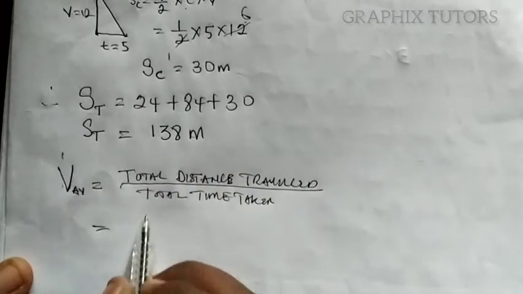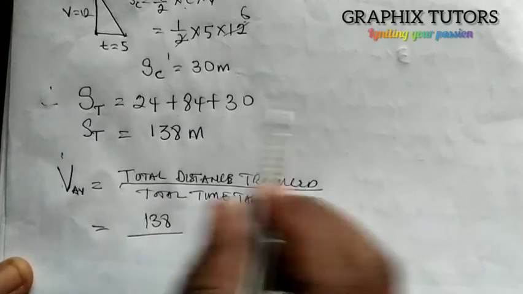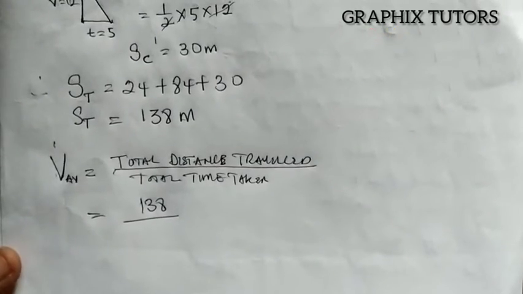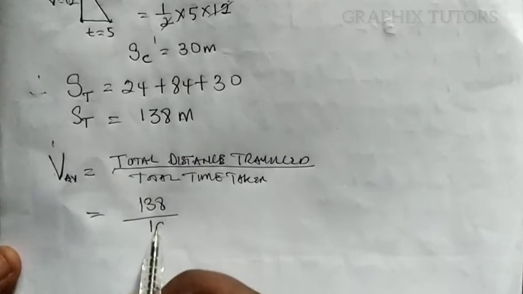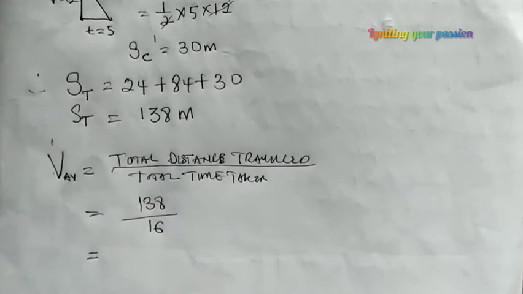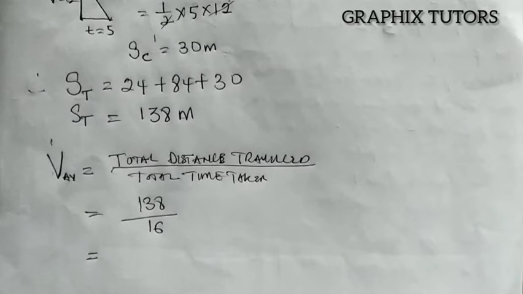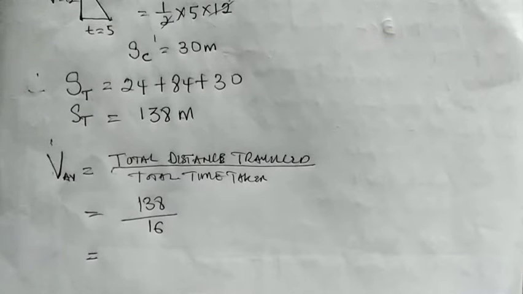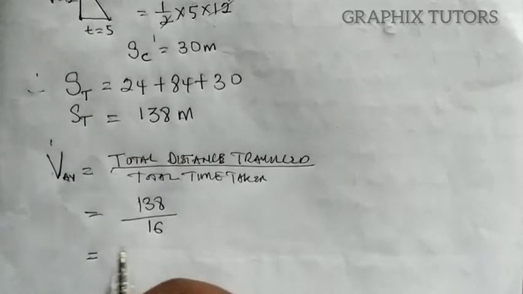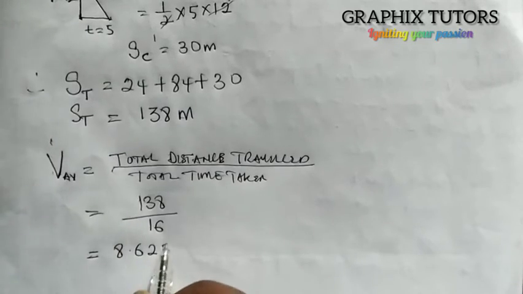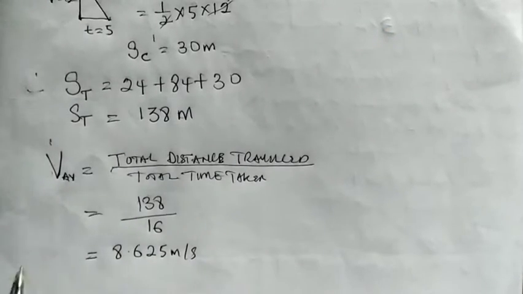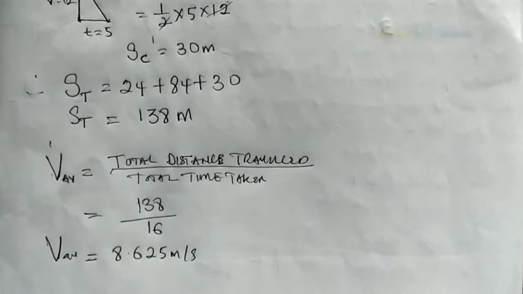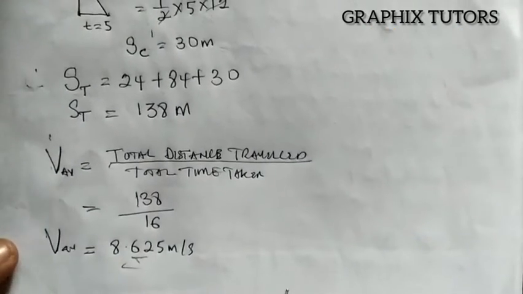That is ST, which is 138, over the total time taken. The total time here is given as 16. So 138 over 16. When you divide this, 138 divided by 16 will give us 8.625 meter per second. So our average velocity is 8.625. So that is for that question.